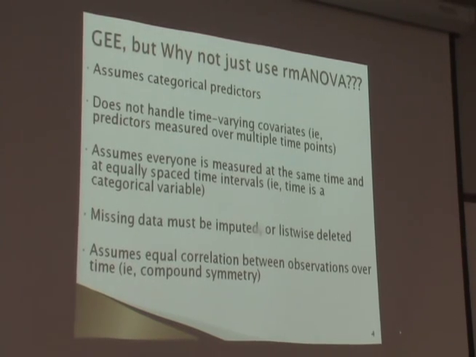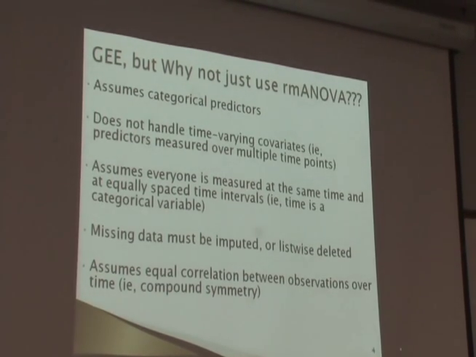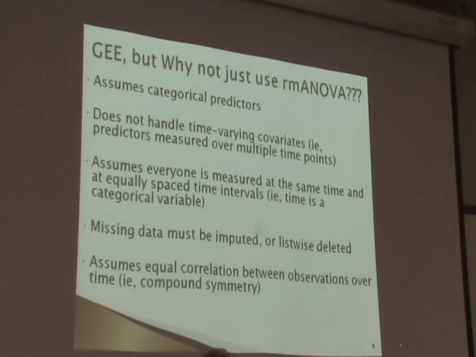Just going back to time is categorical versus continuous. The difference with GEE is that when you treat time as a continuous variable, it means that you're able to have unequally spaced intervals, like say month 0, month 2, month 6, month 9. You're also allowed to have people coming in at different times.